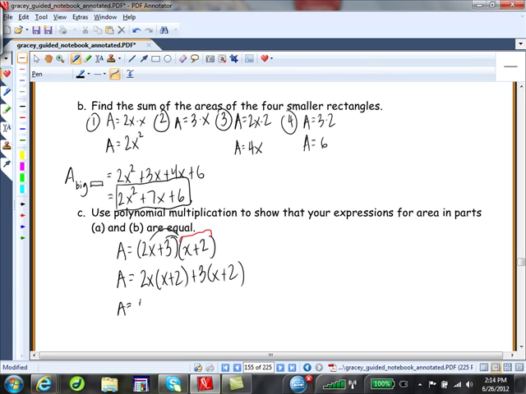Our area is 2x times x plus 2x times 2. Looking familiar? Plus 3 times x plus 3 times 2. So we will get 2x squared plus 4x's plus 3x's plus 6.